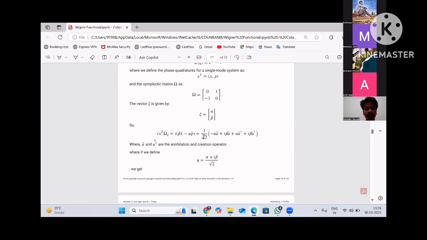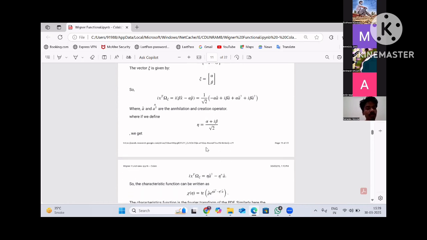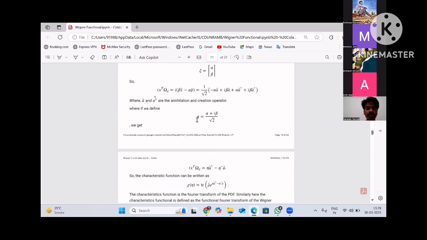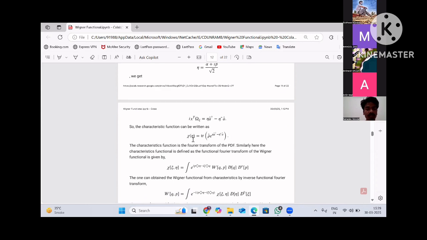You can also express this in terms of the annihilation operator and the creation operator, where we define alpha as the linear combination of alpha and i beta over root 2. Then I go to the characteristic function.